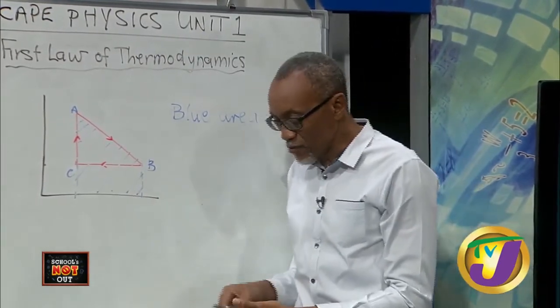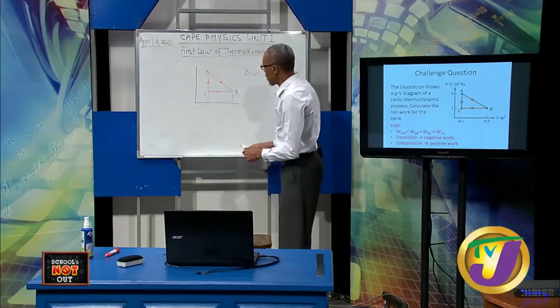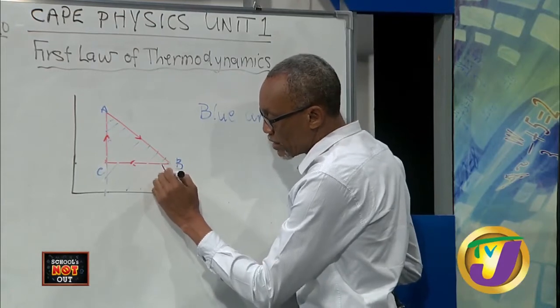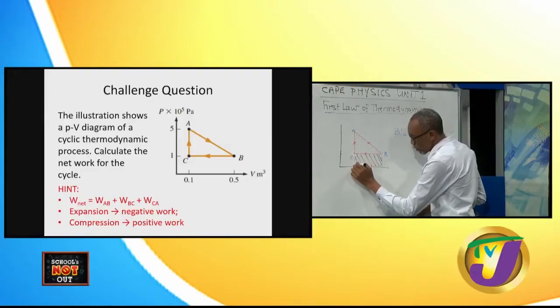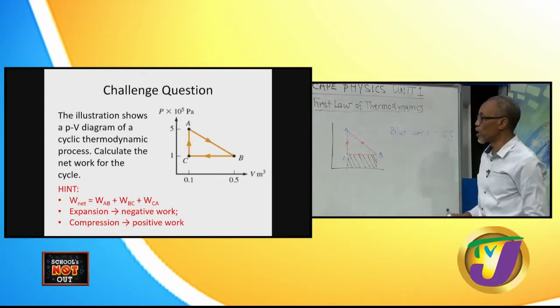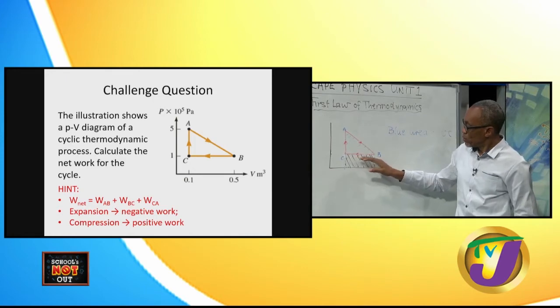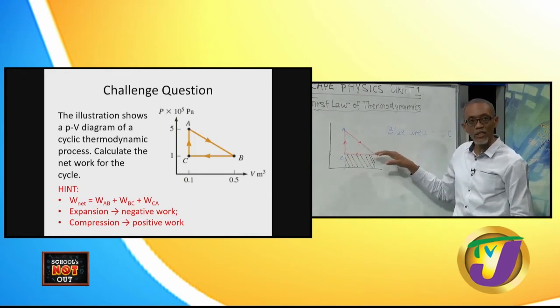Then for the next phase, I will do that in black. From B to C, the work done will be this area here, shaded in black. So what we see, this work here would be positive because the gas is being compressed.